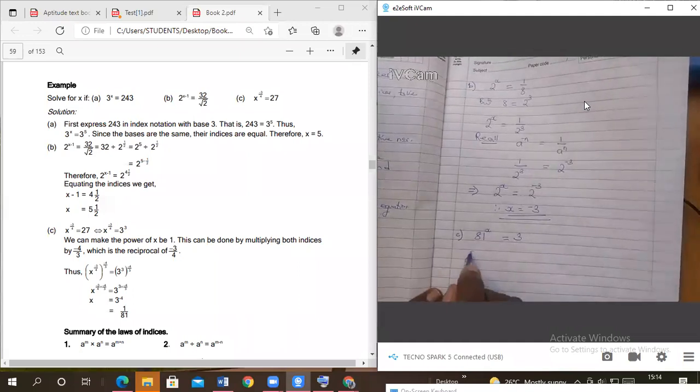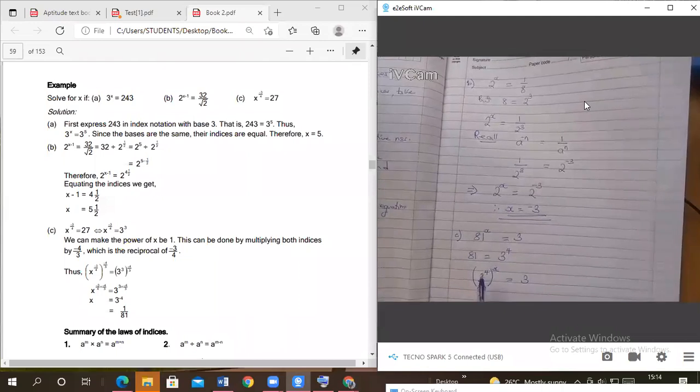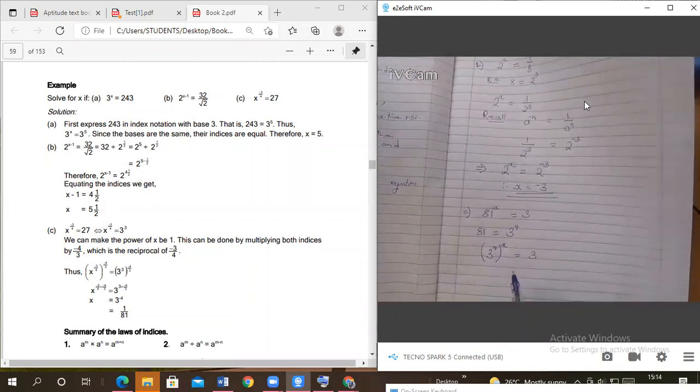We know that 81 is the same as 3 to the power 4. So I have 3 to the power 4 raised to the power x equals 3. Now we apply the power law: when a number is raised to another power, we multiply the powers, which gives us 3 to the power 4x.